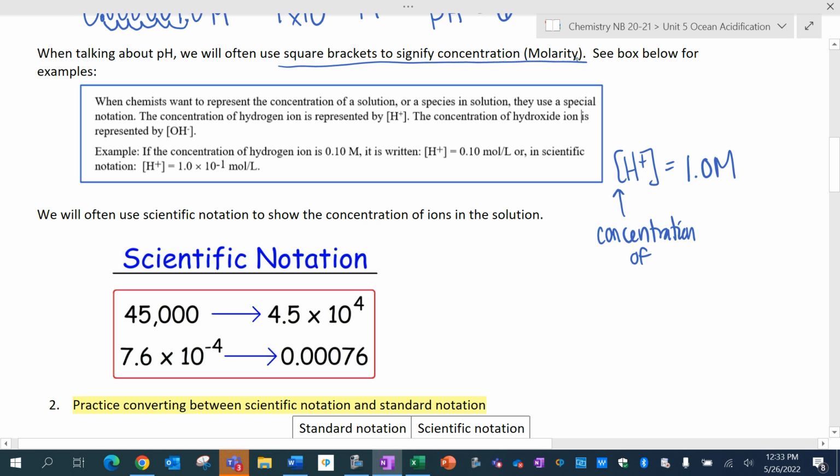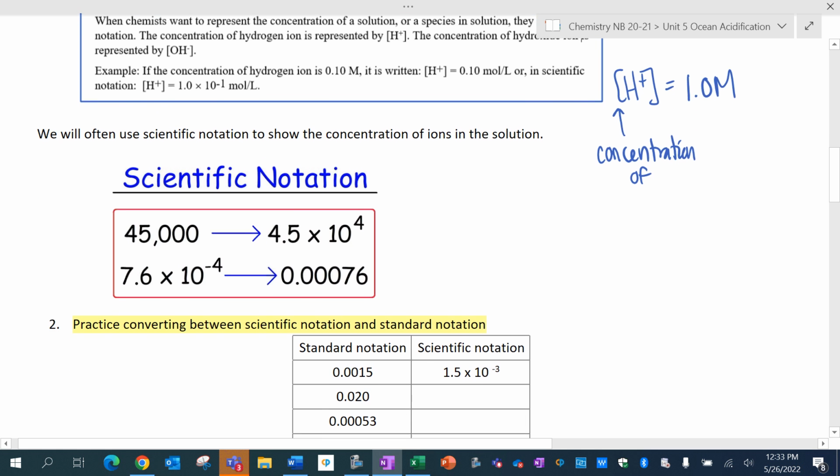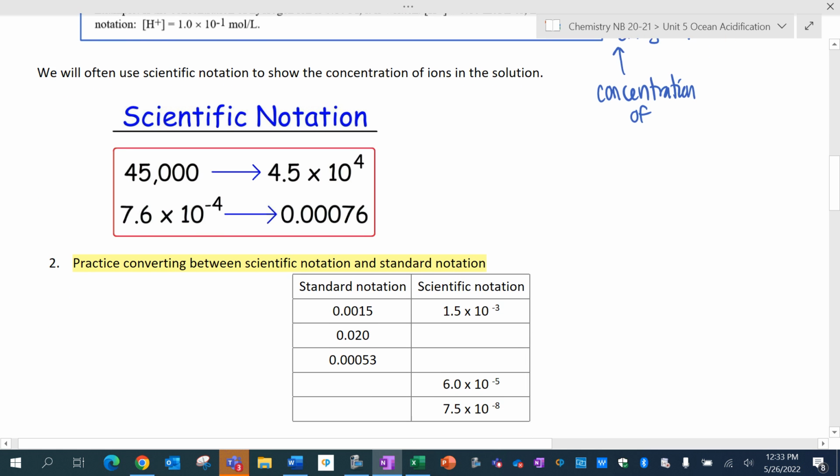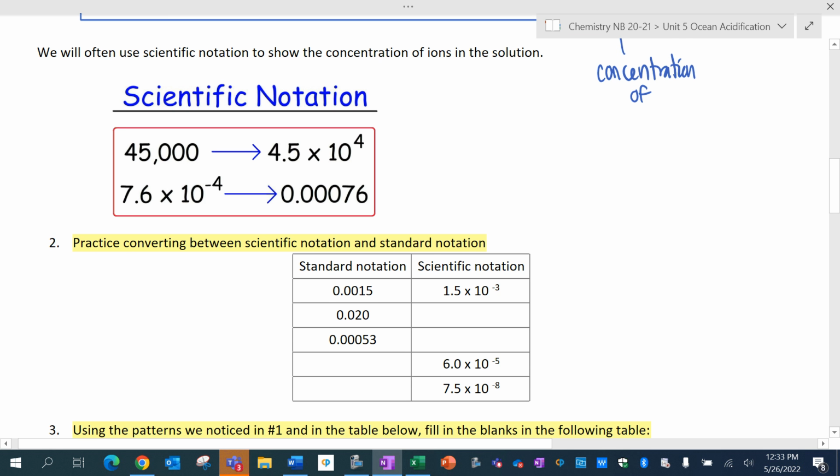And then we also want to be familiar with scientific notation. It's a useful way of taking really big or really small numbers and writing them in a way that's a little bit easier to see. We're going to deal with a lot of examples of negative exponents here. So if you see a negative exponent like 7.6 times 10 to the negative 4, to convert that into standard notation, I take this 7.6 and move the decimal 1, 2, 3, 4 spots over.